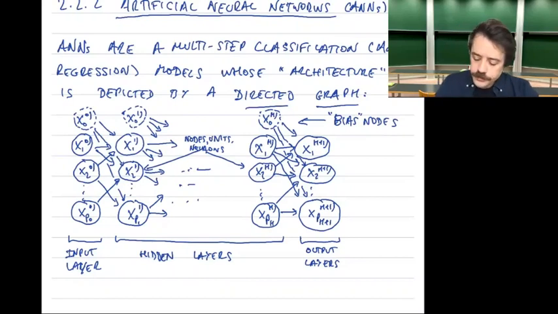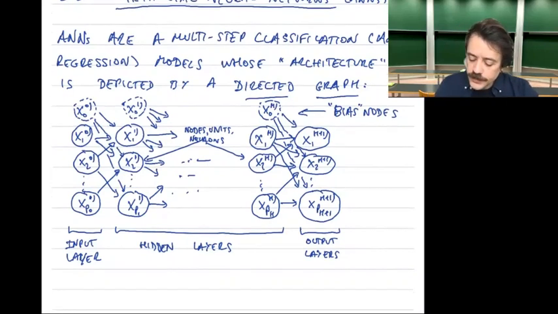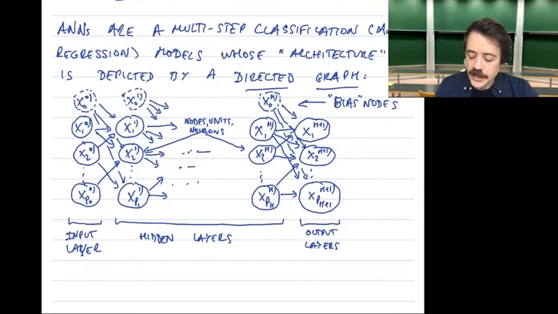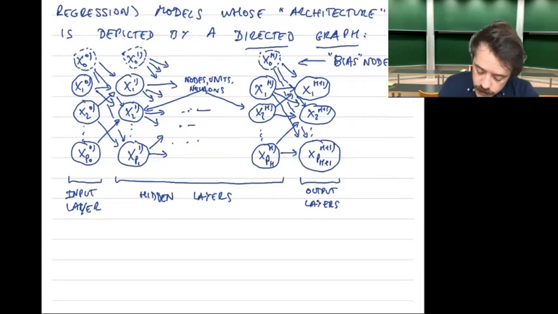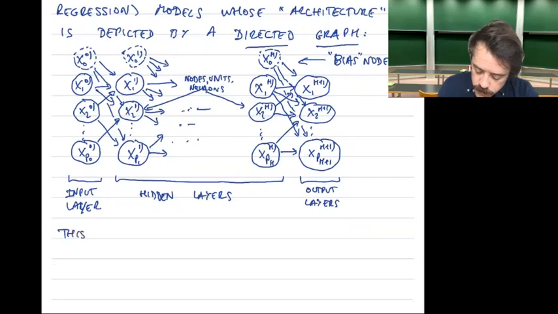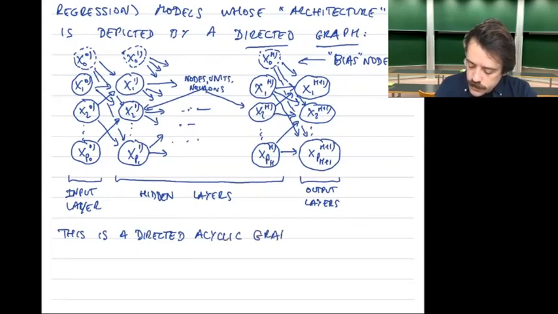Okay, so now I've cheated a bit because this is not just any directed graph. As you can see, we cannot create cycles in this one. So this is what is called a directed acyclic graph, sometimes called DAG. We'll see that DAG in papers.